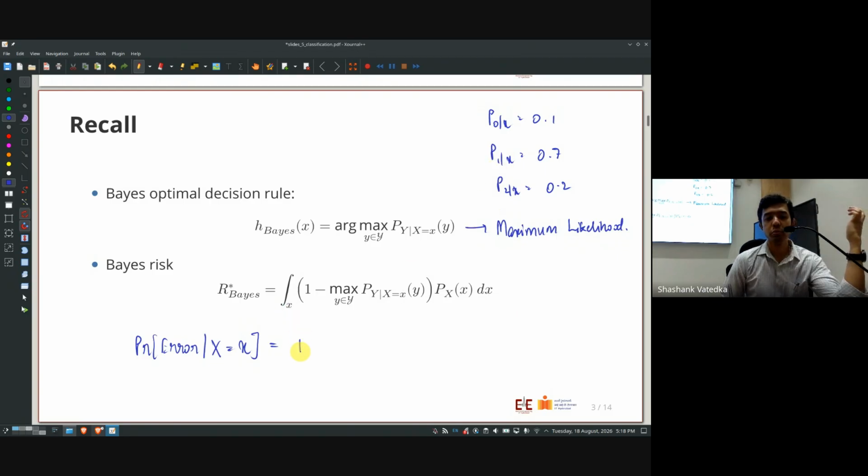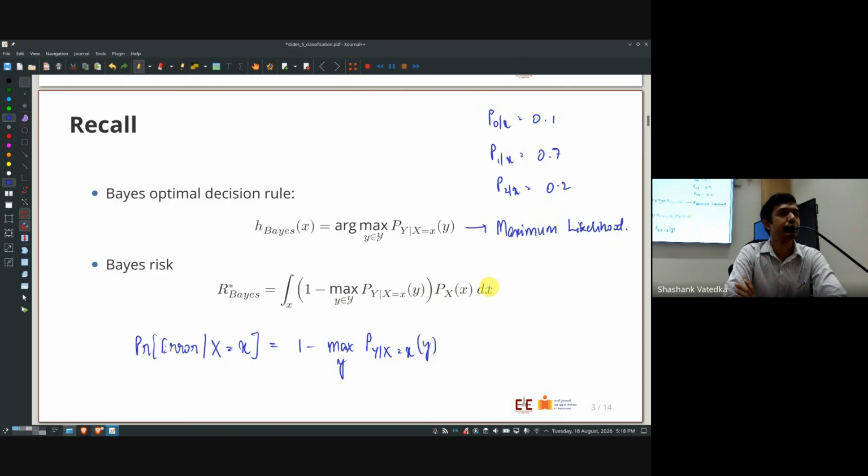So this is equal to 1 minus the max over all y of p(y given x = little x) of y. And so the Bayes risk is simply the expectation of this particular quantity, which is just the integral over all x of this times p(x) dx. All right.